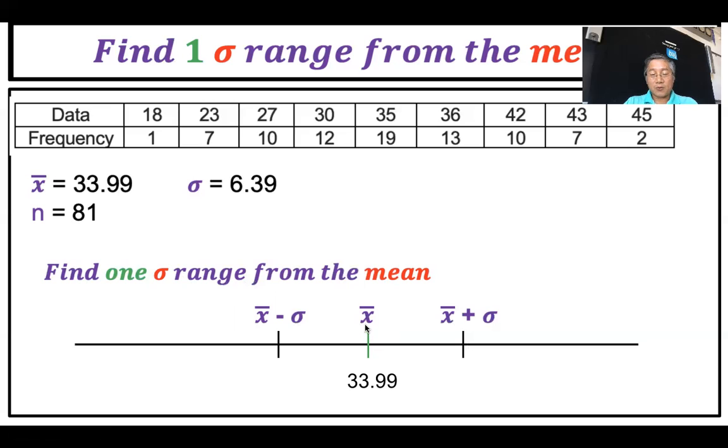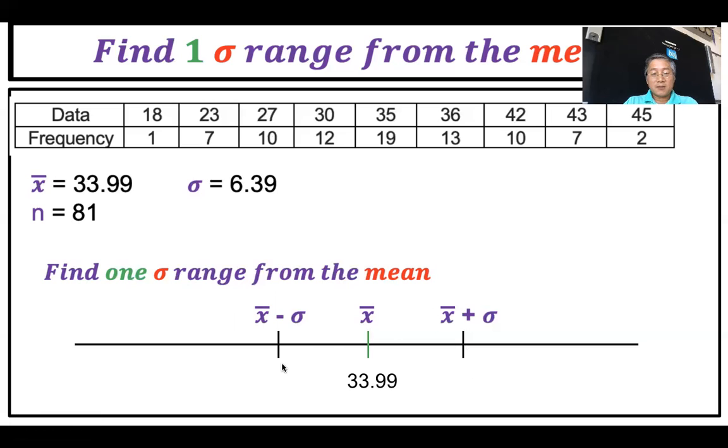And not only the bigger number, but also one standard deviation smaller is in the range, right? So from the mean, you subtract 6.39, it'll be here. We want to see all the data between this value and this value.